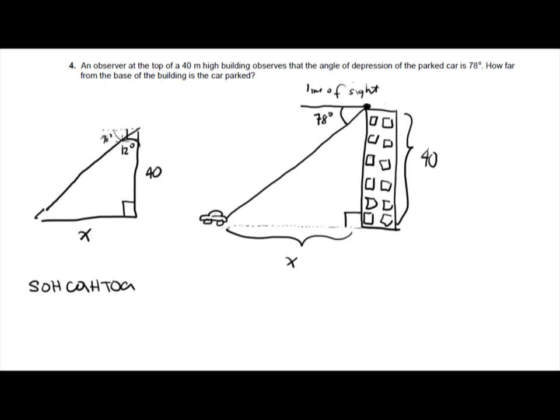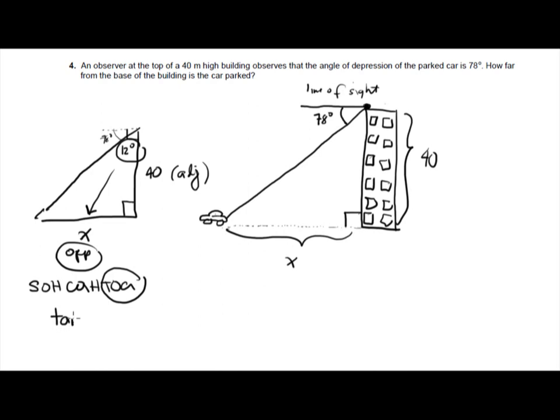If we consider this angle 12 degrees, then this side is the opposite side and this side is the adjacent side. So you can form an O, opposite, and an A, adjacent. That means that the function that you're going to use is the tangent, TOA.